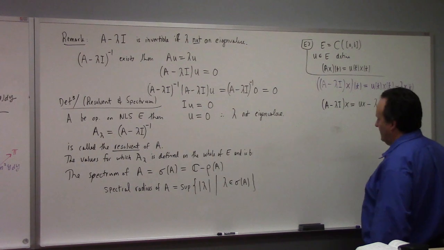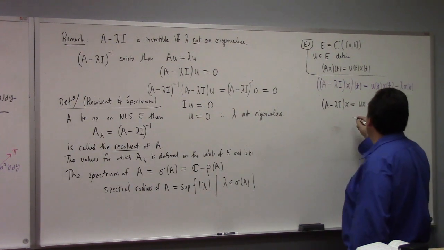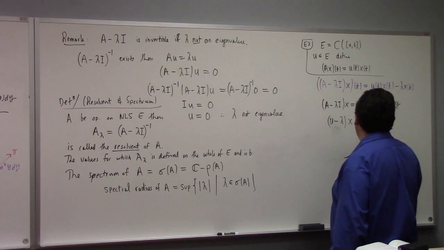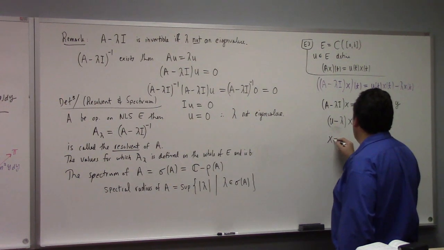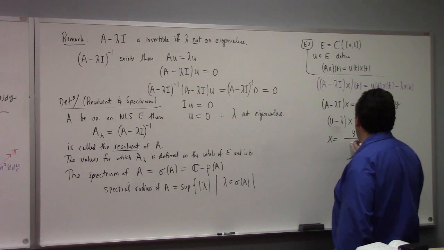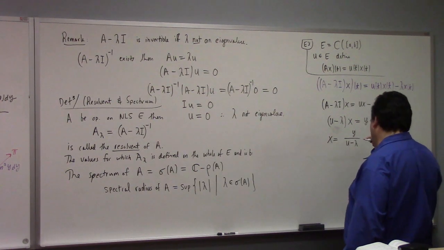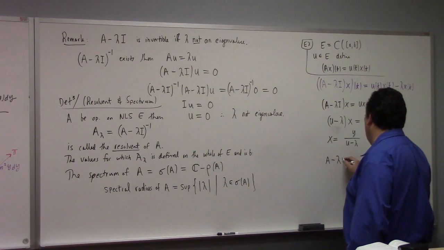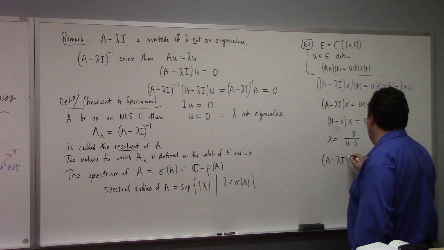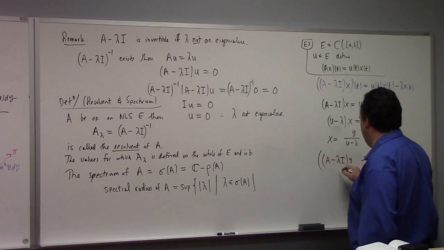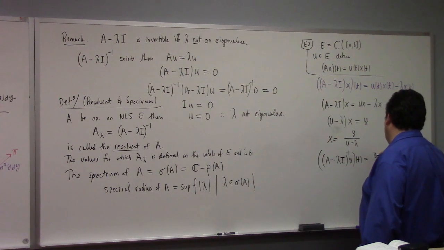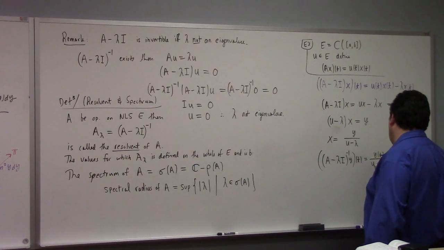If I want to find the inverse, I solve for x. So I've got (u minus lambda) times x is equal to y, which makes x equal to y over u minus lambda. In other words, the formula for A minus lambda I inverse acting on y at time t should be y of t divided by u of t minus lambda.